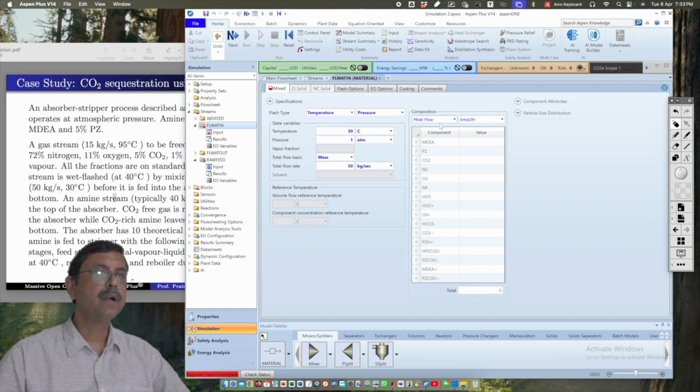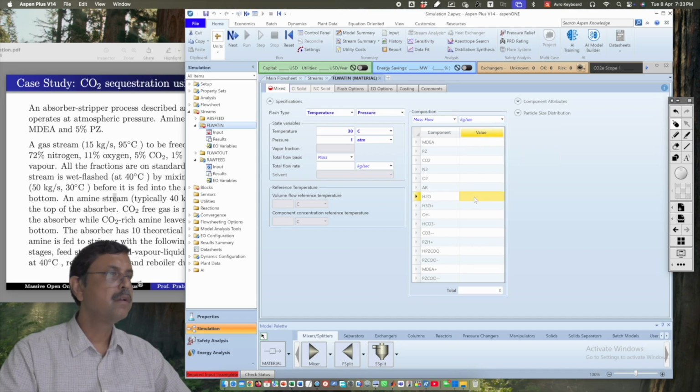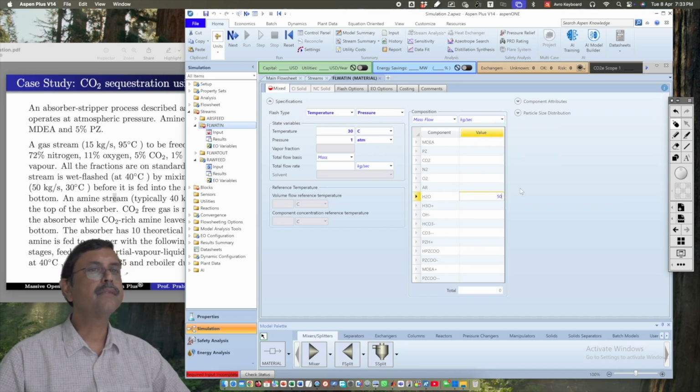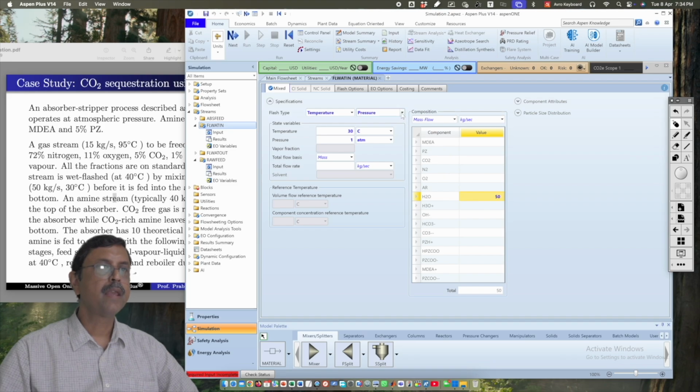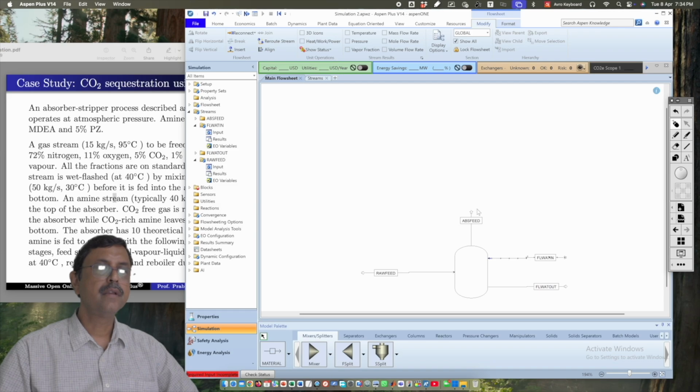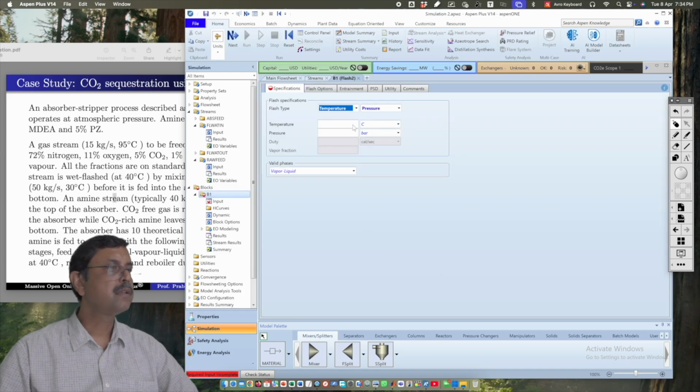And it is totally water. So we do not write anything over here. Rather, we will write the mass flow in kg per second of water. It is 50 kg per second. Okay, that's how we define the flash water in, and that will be used to cool the raw feed and specify the flash tank with 40 degrees centigrade.